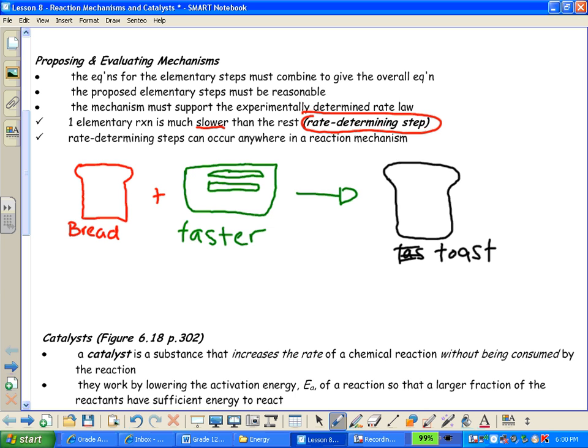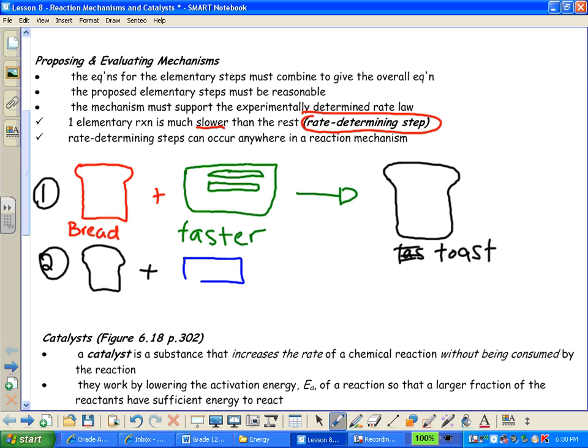However, this is not the overall reaction that we're looking for. We want buttered toast. So we have to put another reaction. So this would be reaction number 1. And reaction number 2 is we have toast. And what do we need to add to that toast now? We need to add some butter. Here.